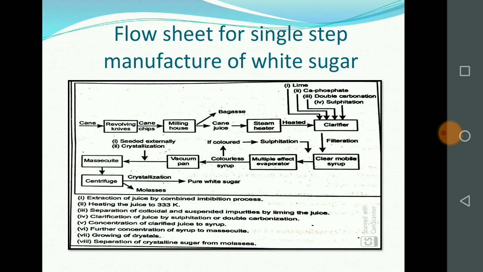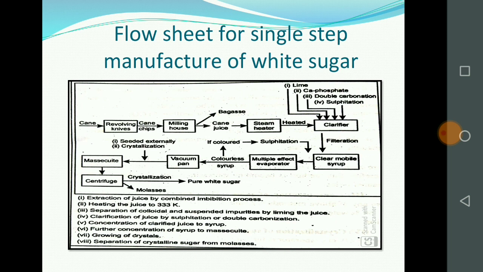The second byproduct is molasses. Molasses is the mother liquor left behind after the crystallization of sucrose. It is also called blackstrap. Its composition is variable.